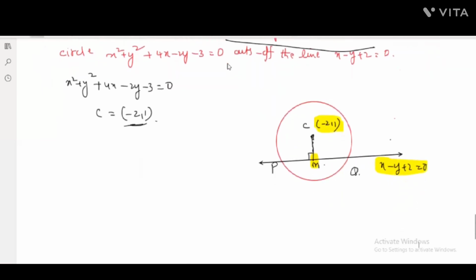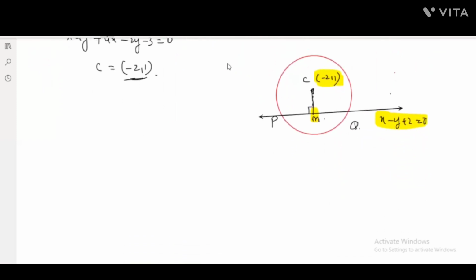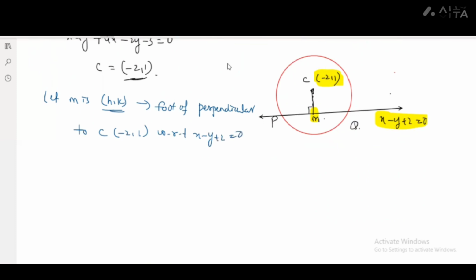So let us assume that M is some h comma k. This is nothing but the foot of the perpendicular from the center minus 2 comma 1 with respect to x minus y plus 2 is equal to 0.